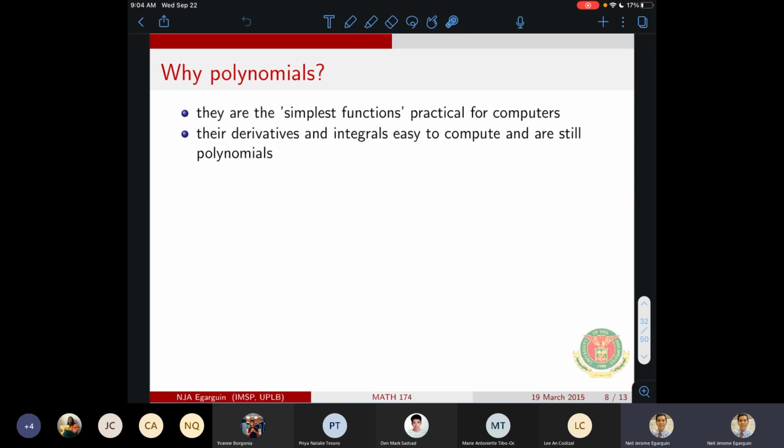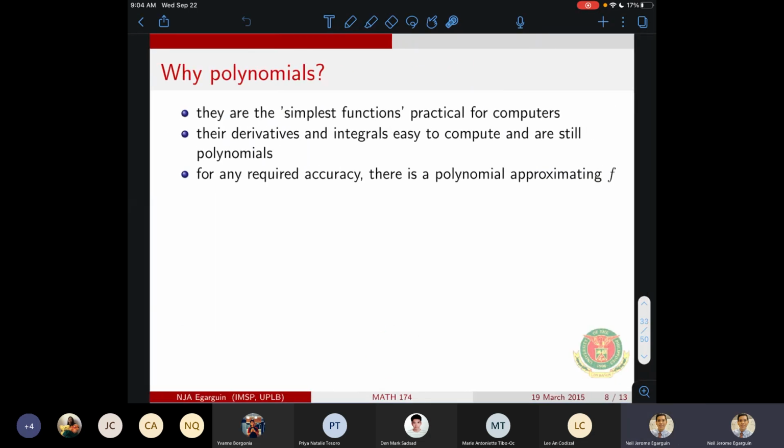And polynomials are infinitely smooth. So kahit ilang differentiation yung gusto mong gawin, posible. And usually in numerics and in most applications, we want smooth functions. Kasi pag smooth yung functions, marami tayong magagawa. Most of the tools we learned in Math 36 or Math 37 can be applied.